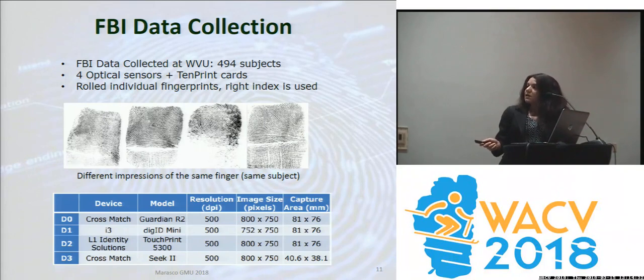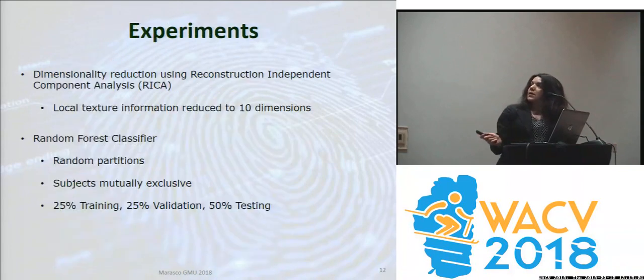These are examples of the images: same finger, very different, very challenging for the matcher. Details about the sensors: same technology, same resolution, 500 dpi, almost the same image size in all cases. Just one sensor has a smaller acquisition area, so this can give an idea of how robust this approach is with respect to smaller capture areas.